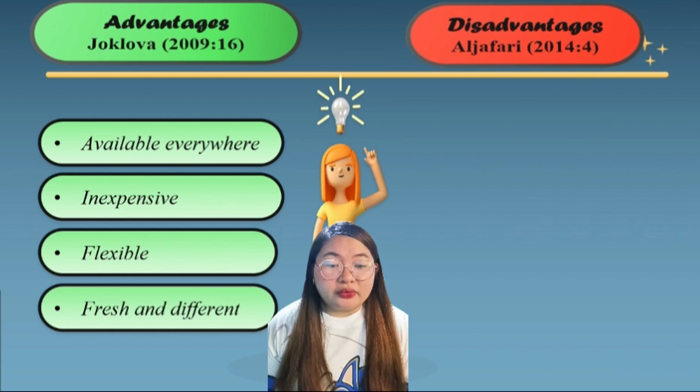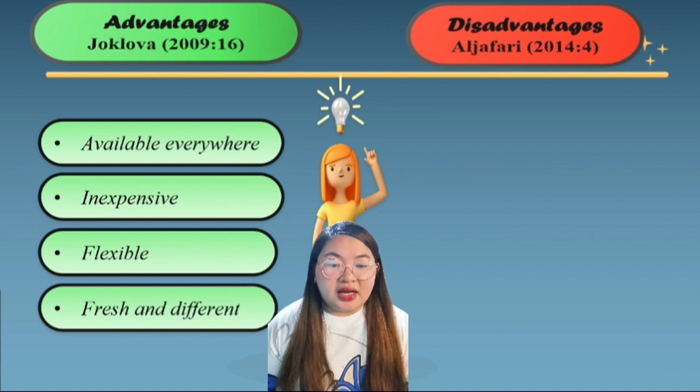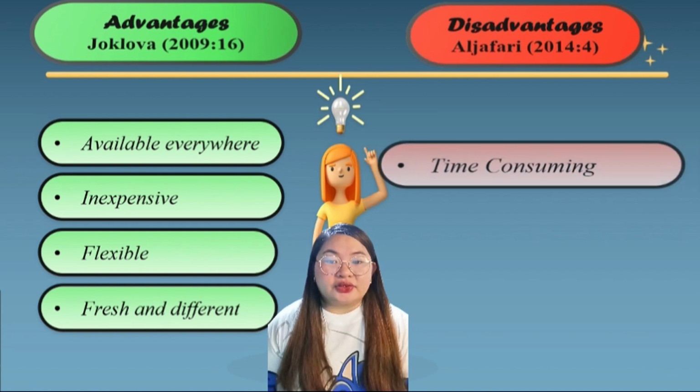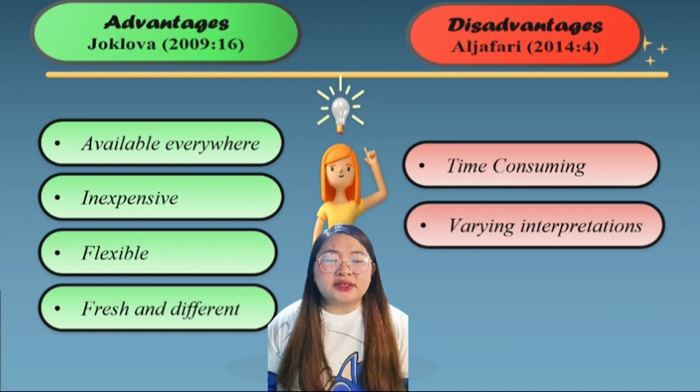And these are also the disadvantages of associating paintings and photos in teaching English. In 2014, Al-Jafari said that it can be time-consuming, because analyzing artworks may consume valuable lesson time, impacting coverage of other essential content. It can also cause varying interpretations, because small and unclear pictures may arouse problems, as students may misunderstand the picture.